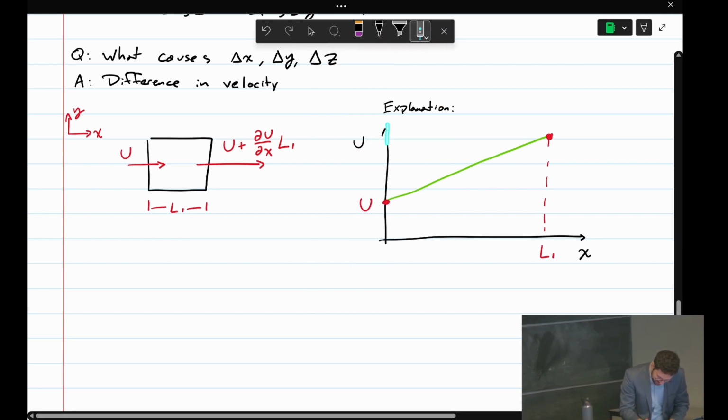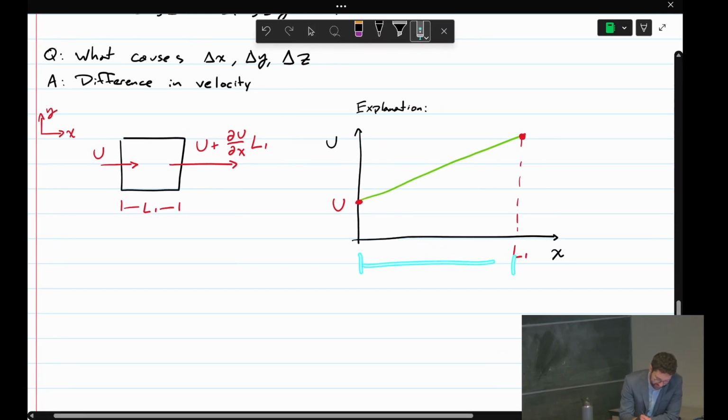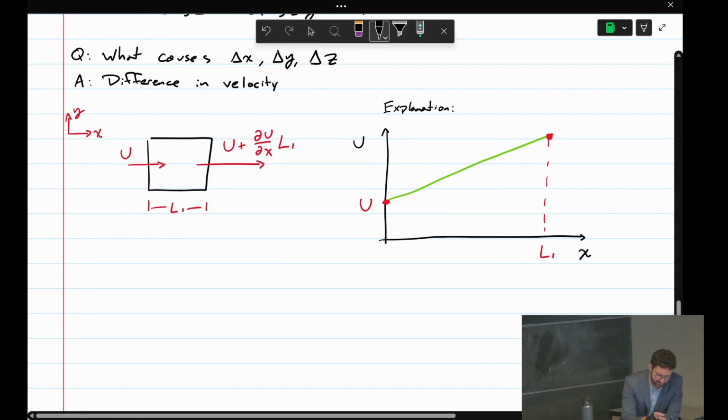So you can imagine this being the edges of our box, the blue. The blue is our box, right? So the length of that box is L1. So we assume kind of a linear variation here. And the slope of that line would be given by partial u by partial x.